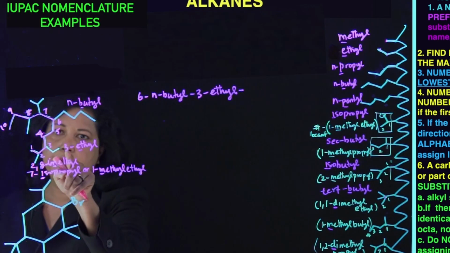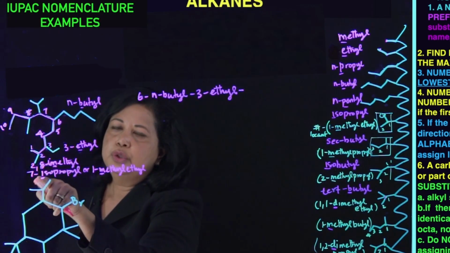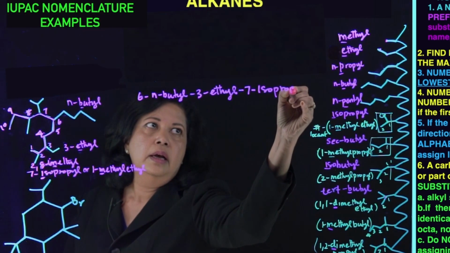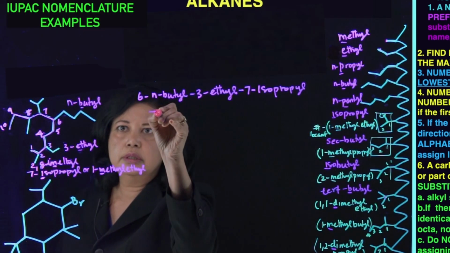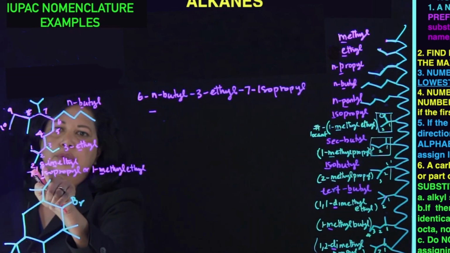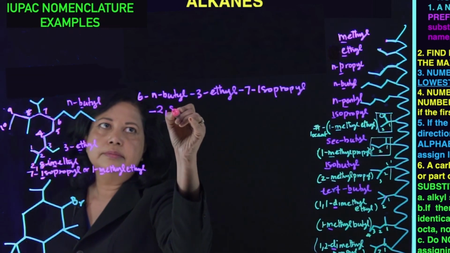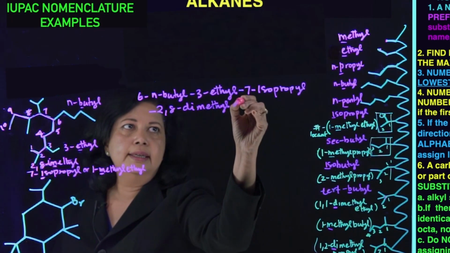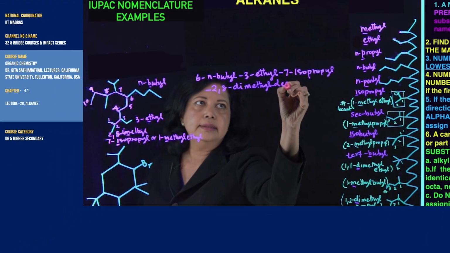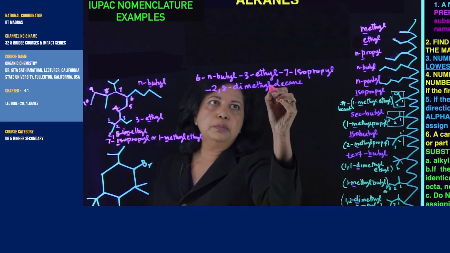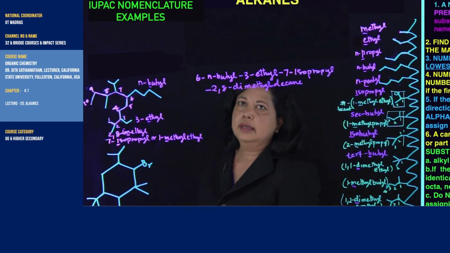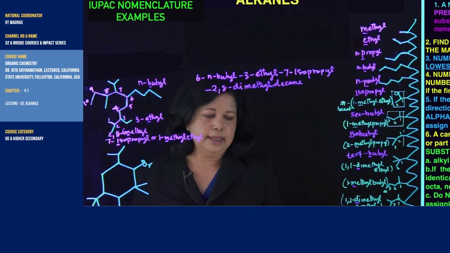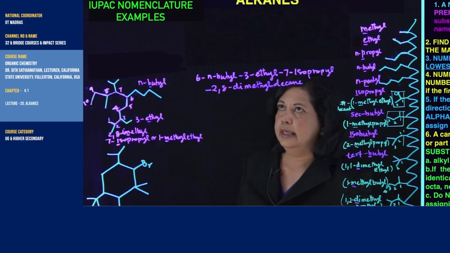And then you're going to have your isopropyl, 7 isopropyl, and dash, I'm just writing it over here, 2,8 dimethyl. And then your parent is a decane. No space. There's no space between substituent and parent, nothing. It's just like wasted space on that catalog, right? So we got that.